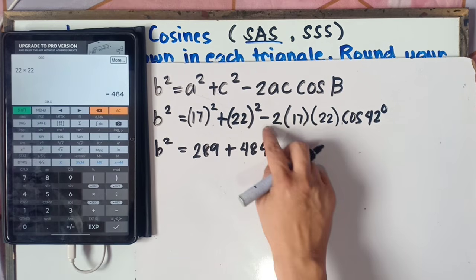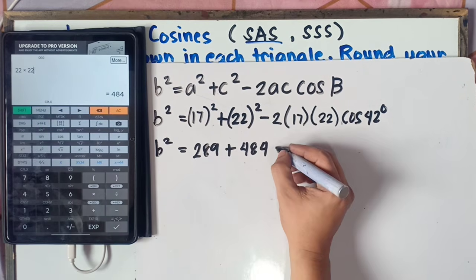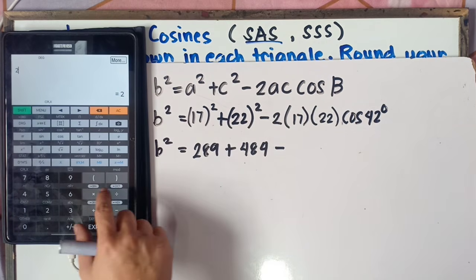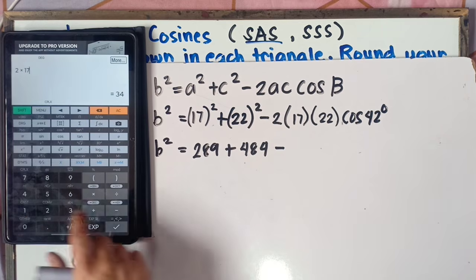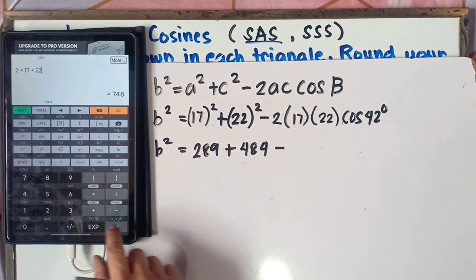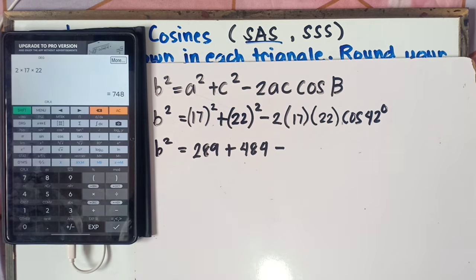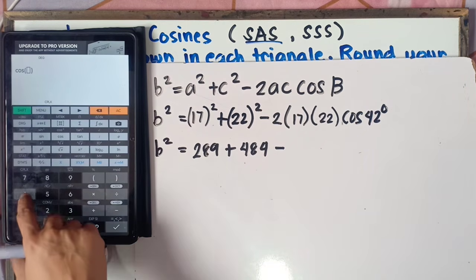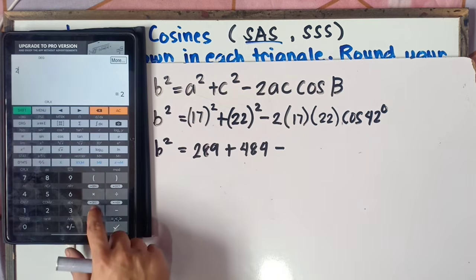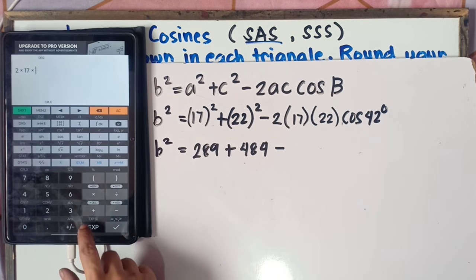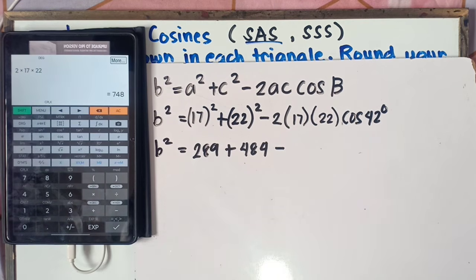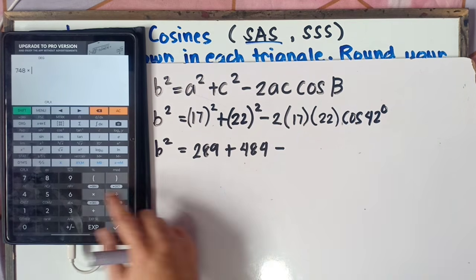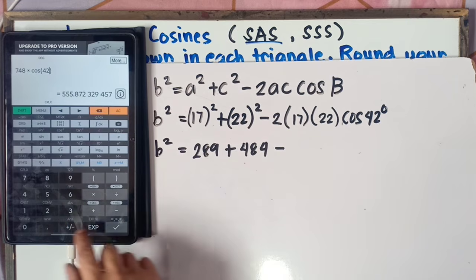Copy first the negative symbol, then multiply. 2 times 17 times 22 is 748, times cosine 42.